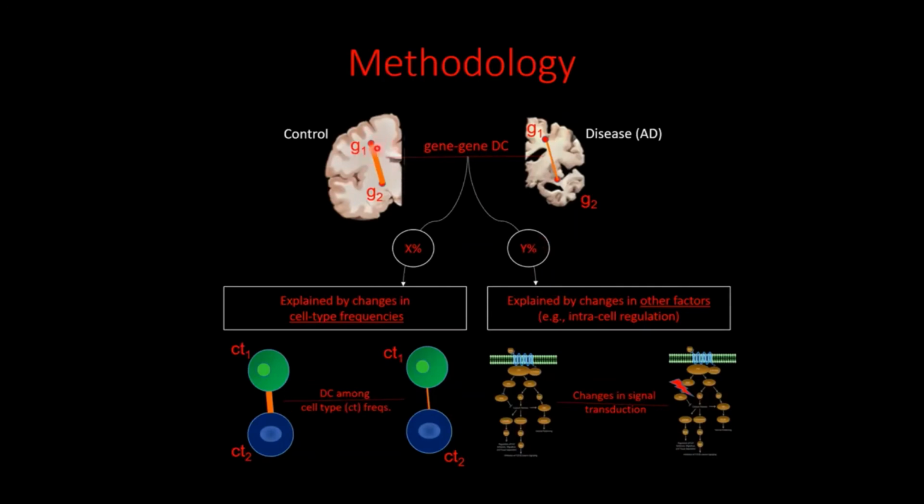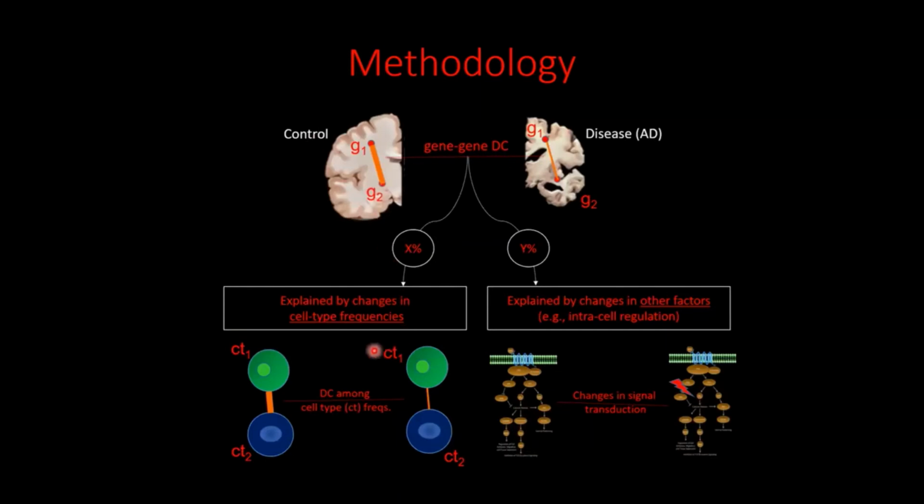This gene 1 marks a particular cell type, say cell type 1, and with an increase in the composition of this cell type, there will be an increase in the gene expression of G1. Similarly, if G2 is a marker for cell type 2, the higher the frequency of cell type 2 in the particular tissue, the higher the gene expression.